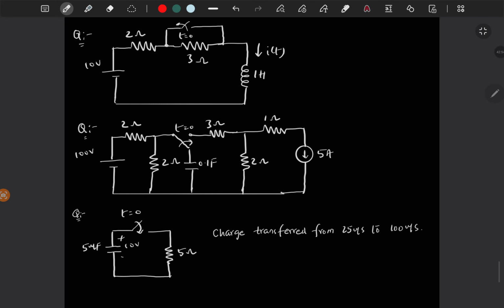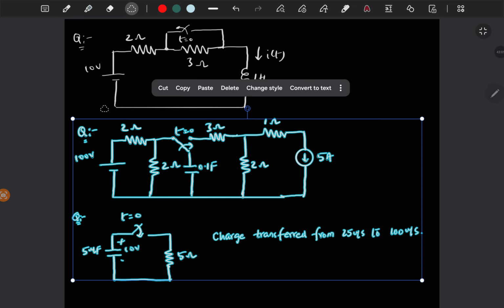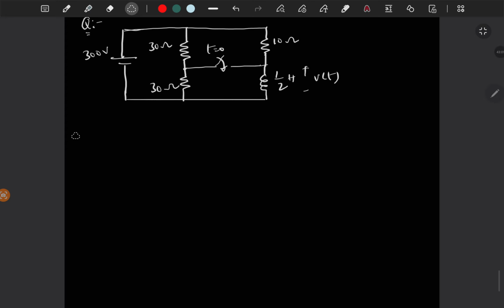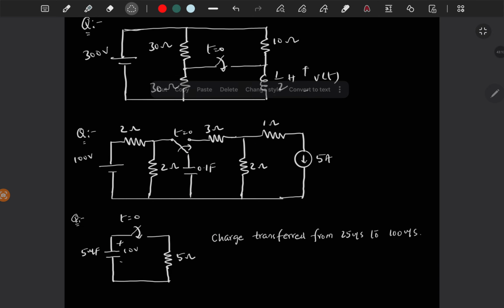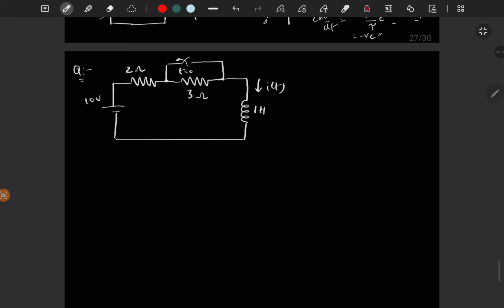So we can solve that circuit. This is a simple first order RL circuit. You have only one inductor and there is some equivalent resistance.